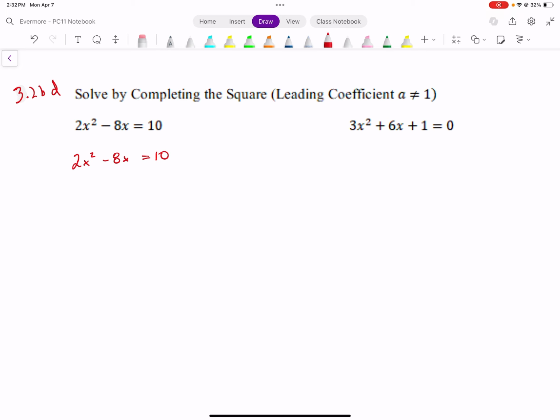So I'm just going to rewrite my equation here, and my x's are already isolated, so that's good. Now I'm just going to divide both sides of the equation by 2. And when I do that, the left-hand side changes to x squared minus 4x is equal to 5.